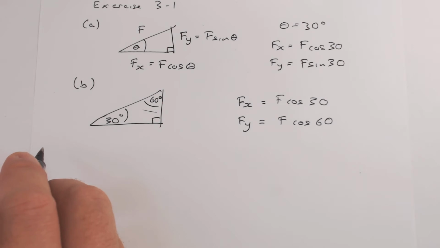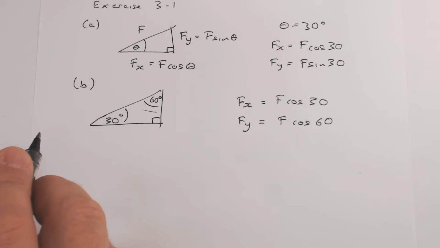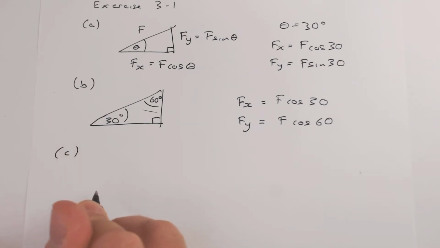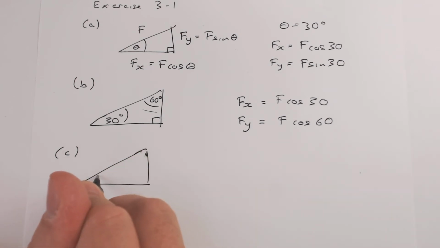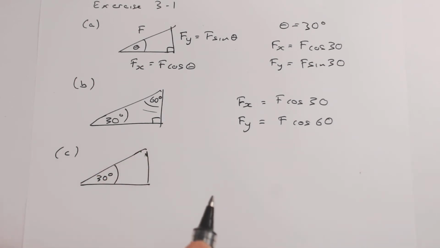So C, state the force and magnitude Fx using numbers, so going hardcore. So C, we've got 30 degrees. Now this is a common triangle which we should memorize. So I'm scrolling back, seeing where I have it. I've gone past it, I think.